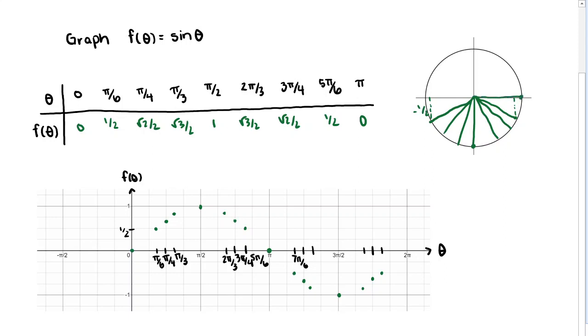At the angle of 2 pi, we'd end up with the point (1, 0), again back to where we started, and the y-coordinate of this point at an angle of 2 pi would be 0. So here we get the point (2 pi, 0) on the graph of f of theta equals sine of theta. And so if I draw the curve that passes through all of these points, it might look something like this.